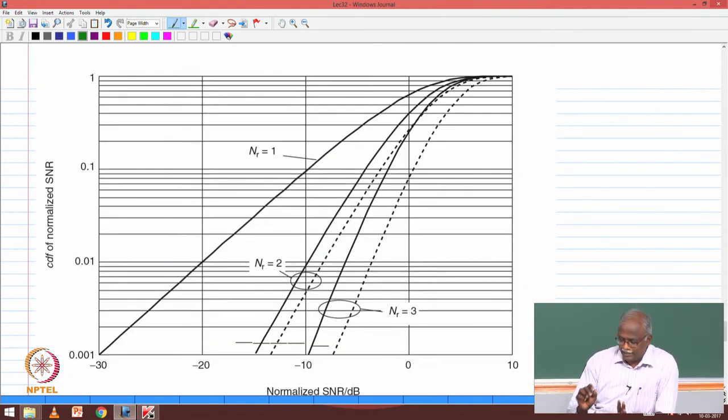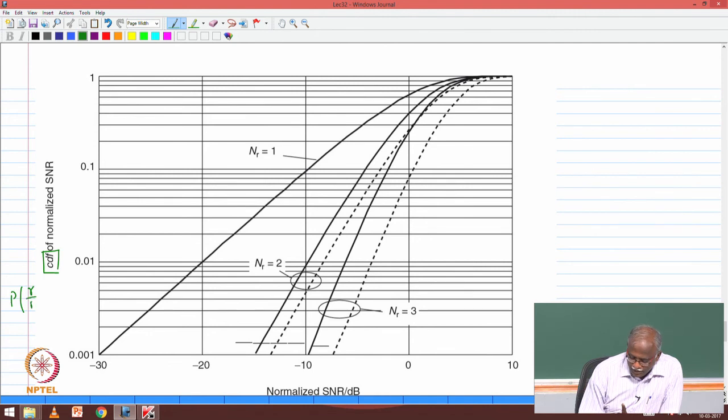I have shown it, but it is more important that you go back and refresh yourself. That was done with the envelope. This is with the SNR. Envelope and SNR are related by a square, so when you take the dB, there is no difference. The plots on a dB scale are exactly the same. So this is a CDF of the normalized SNR. What is normalized SNR?